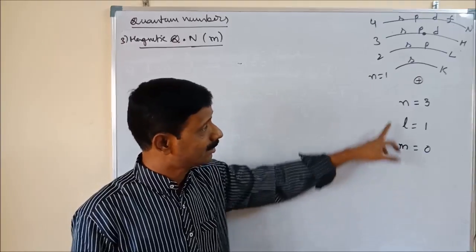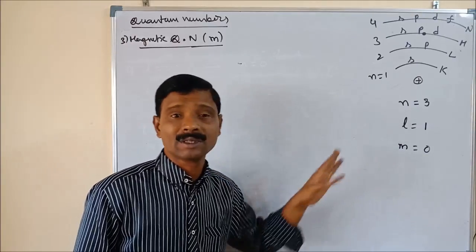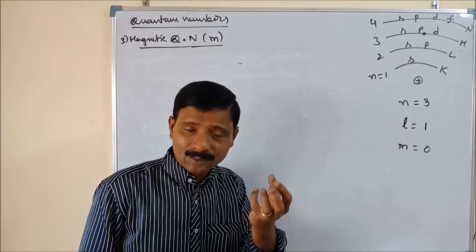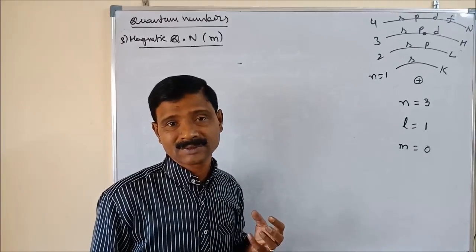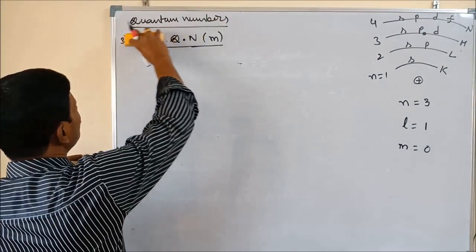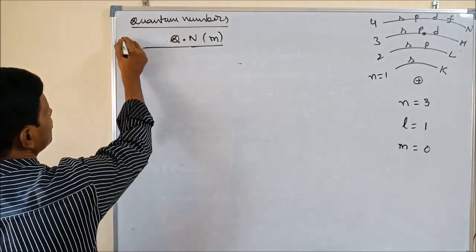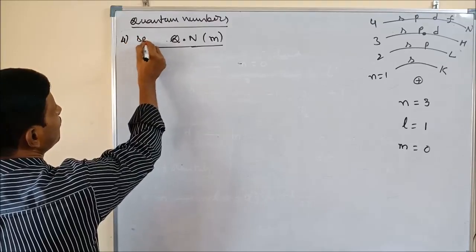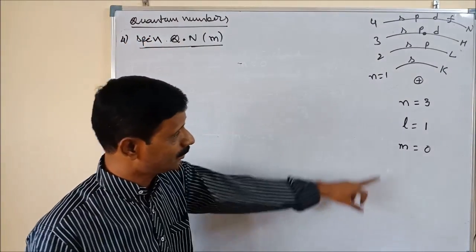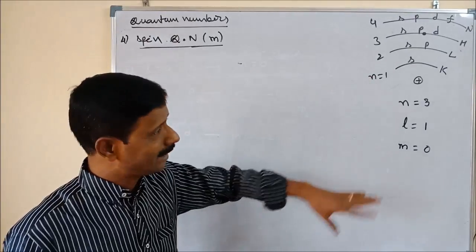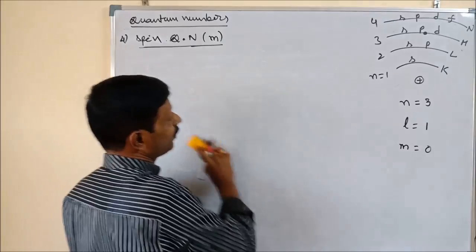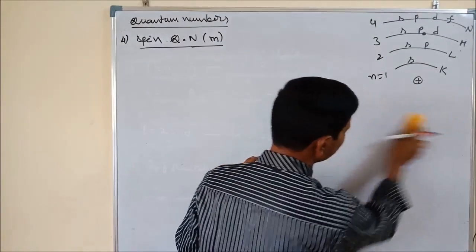And one more point, the values of these three quantum numbers we can determine with the help of Schrodinger wave equation. Okay, and the last one, the fourth one, is spin quantum number. It is independent. It is not interrelated with any of these three, because the spin quantum number depends only upon the spin of the electron.